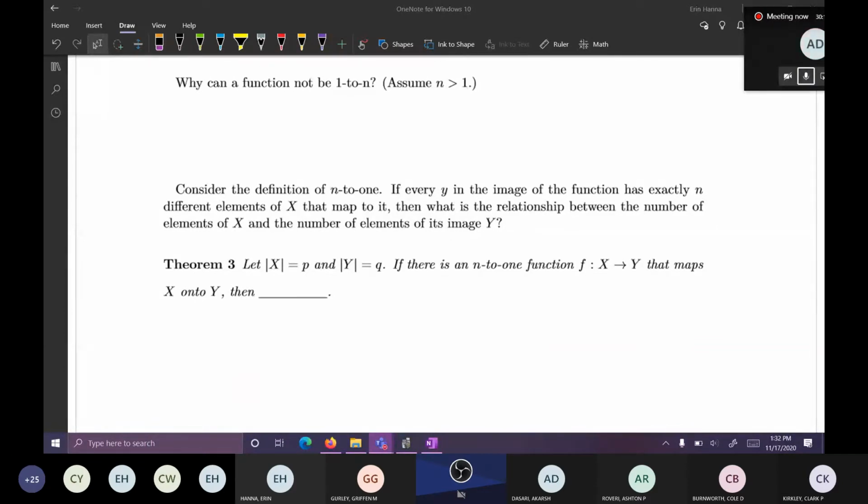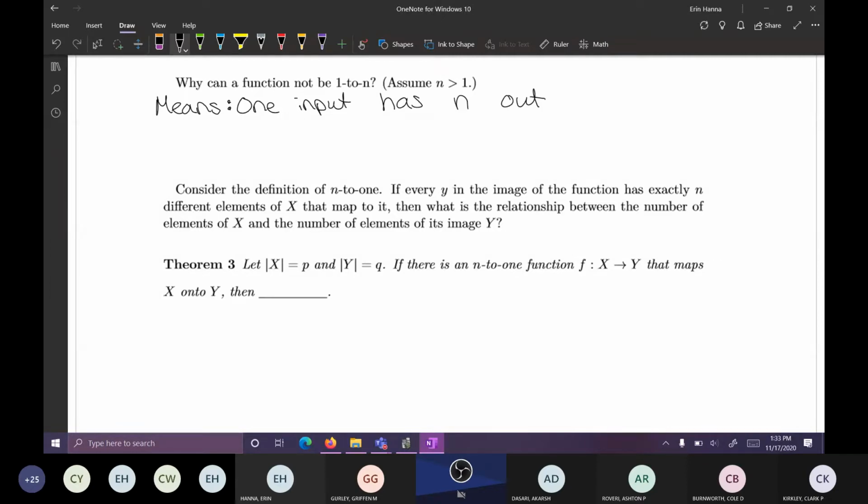So say we want to consider whether or not a function can be 1 to n. Notice that this is different. We were talking about n to 1, and now we want to talk about 1 to n.